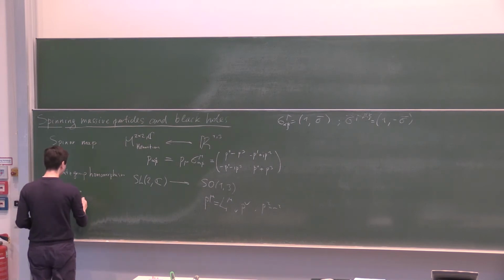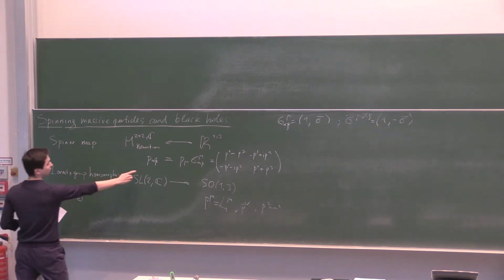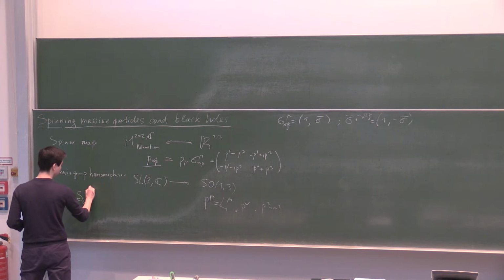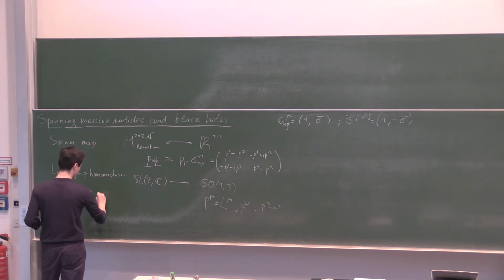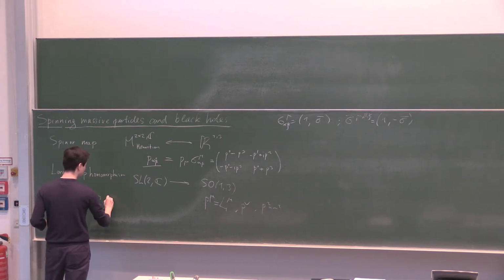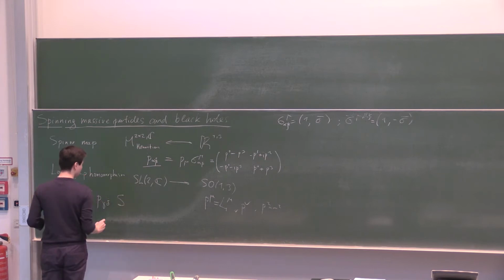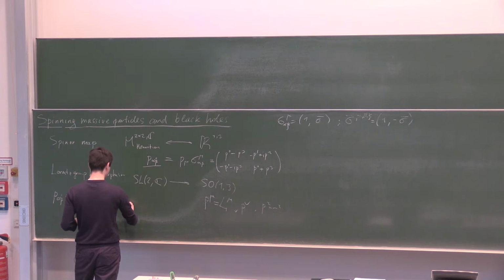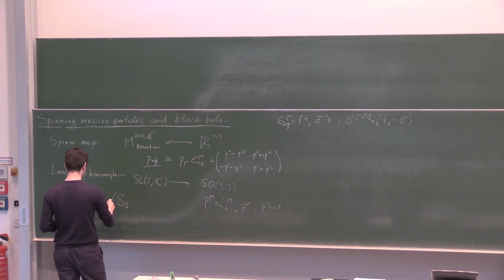They will act on this object by multiplying this object on 2 sides. So I'll just do it really explicitly.